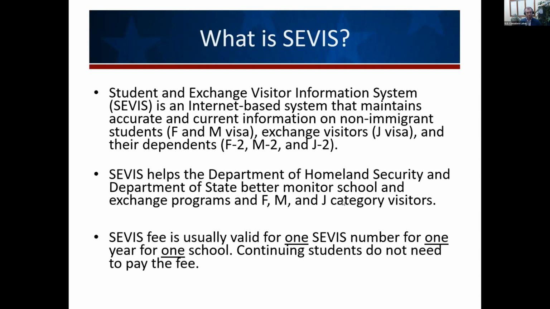There is a fee that you need to pay in addition to your student visa fee in order for the visa to be printed and to be able to go to the United States. So, in addition to the fee that you'll pay for applying for a student visa, you're also going to pay this registration or SEVIS fee to the Department of Homeland Security, and you should have paid that before you do your interview at the embassy or consulate.